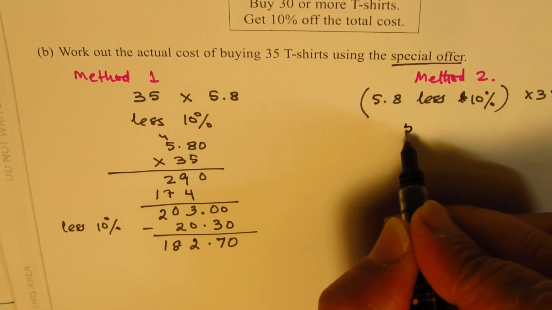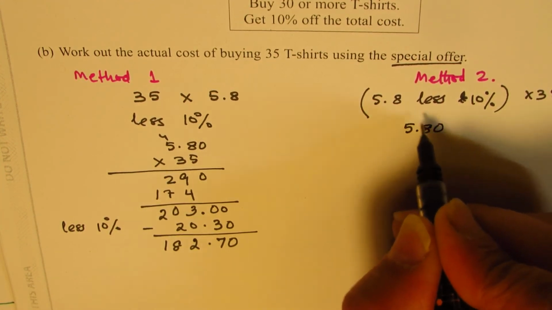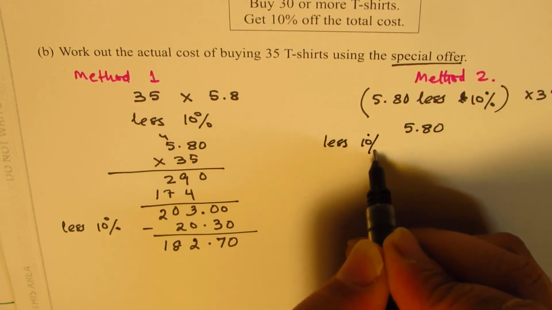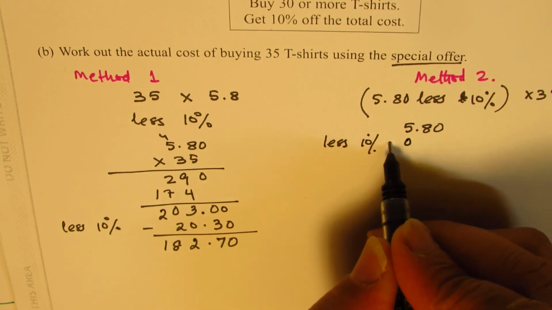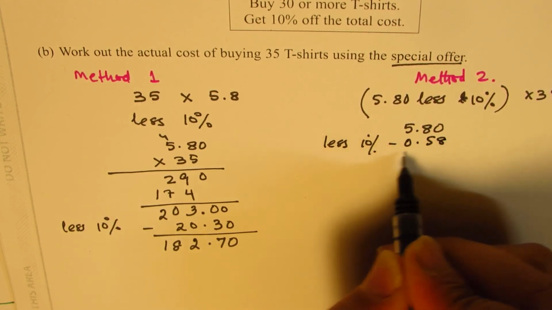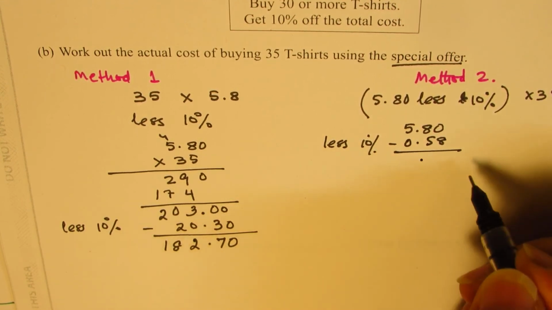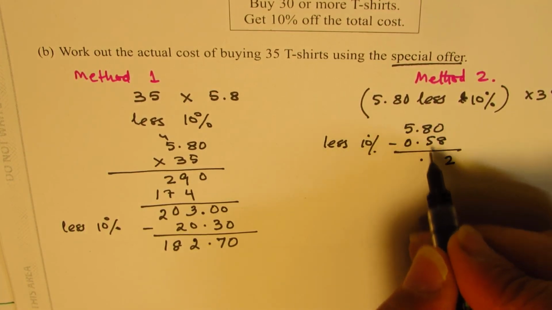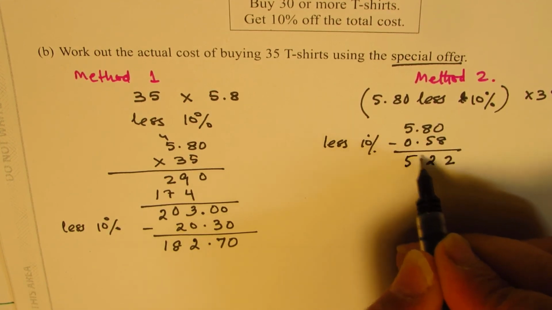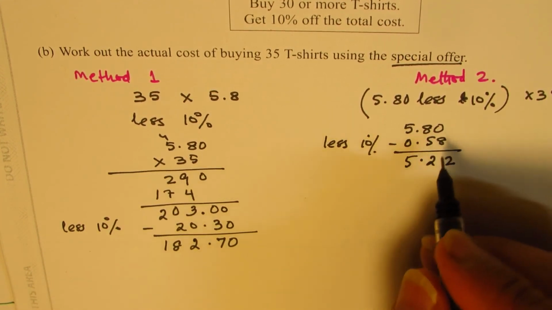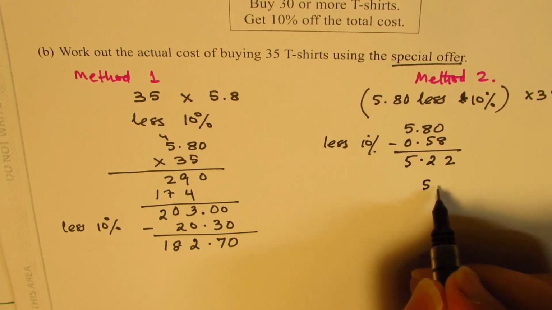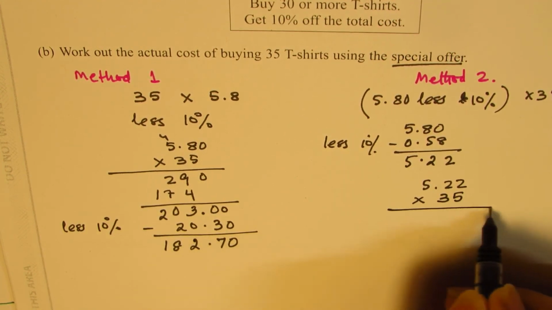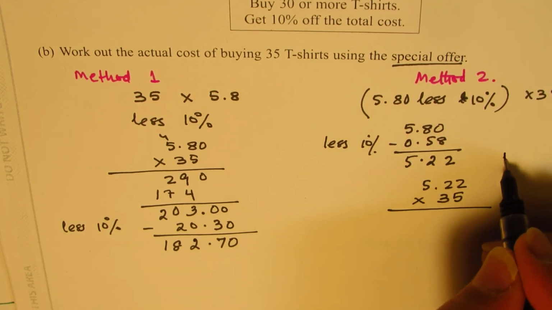Let's do the other method. So what we are doing now is, in 5.80, we are doing less 10%, which means minus 0.58. When you do that, you get 5.22. Now we'll multiply 5.22 by 35. That is a discounted rate, right? So we are using the discounted rate.